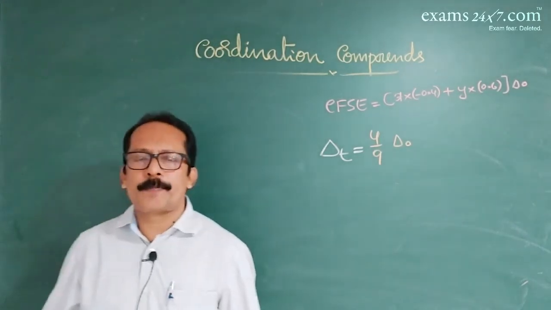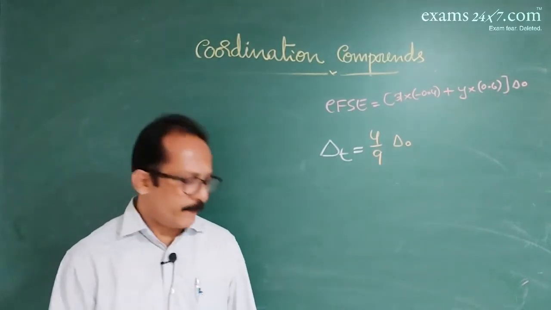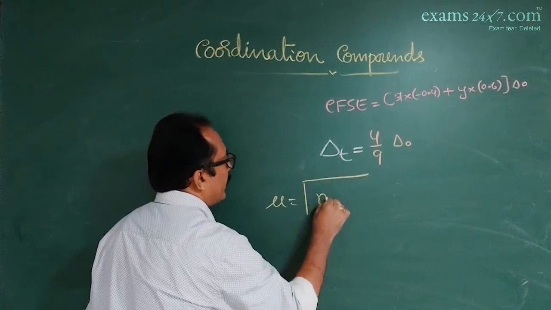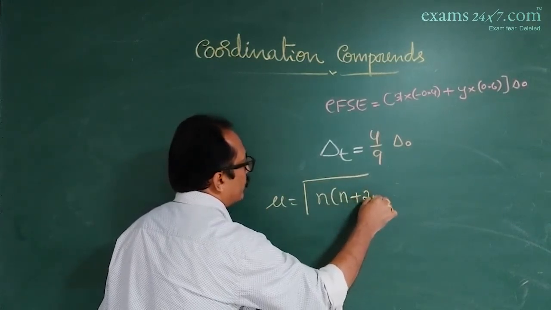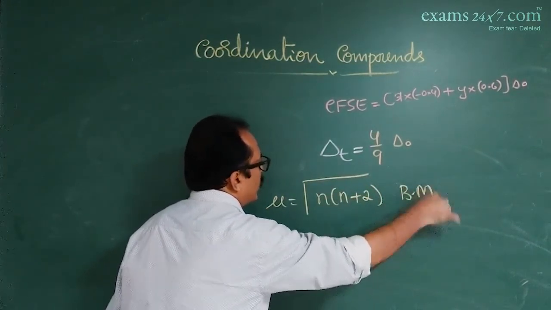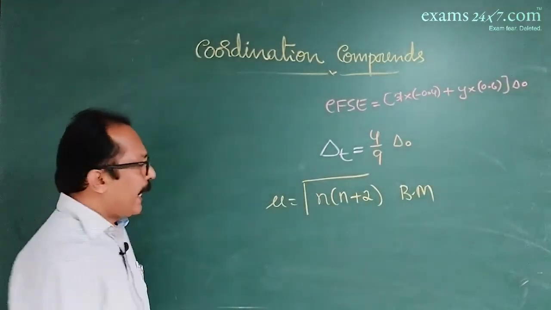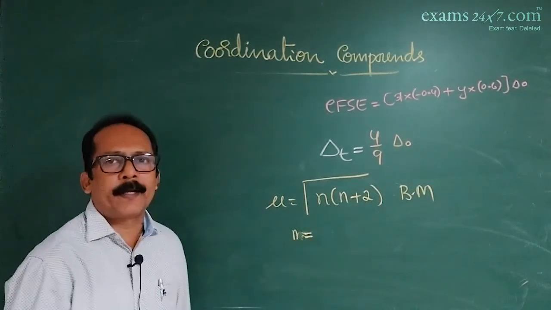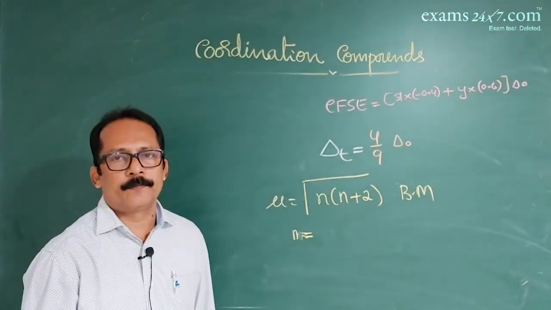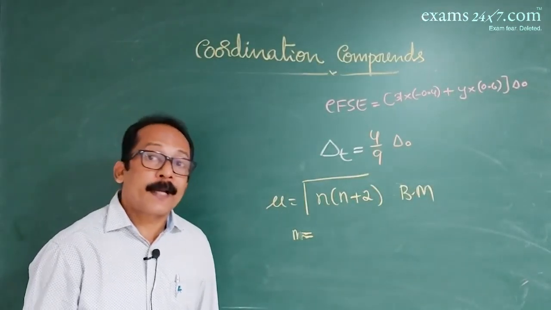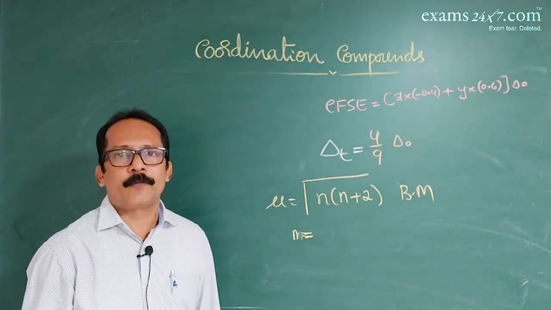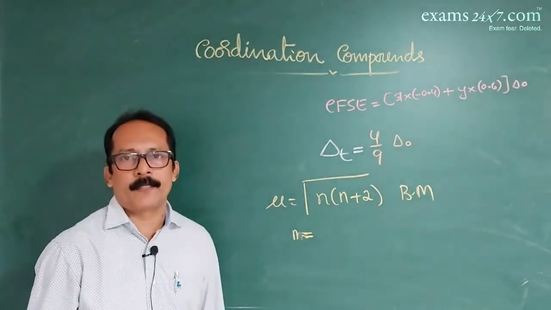About the magnetic property, it can be calculated using the formula mu equals root of n into n plus 2. The unit is Bohr magneton. N refers to the number of unpaired electrons. After writing the electronic configuration of the complex compound, if there is one unpaired electron, then you can calculate the magnetic moment.